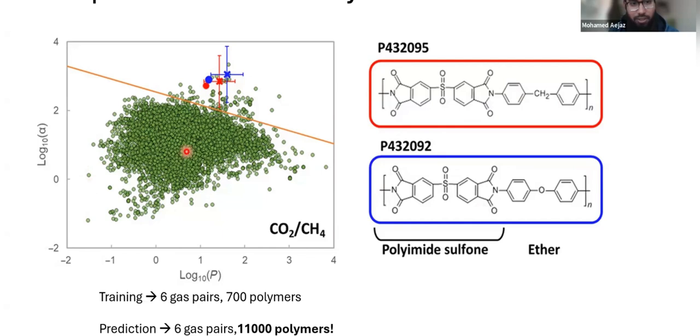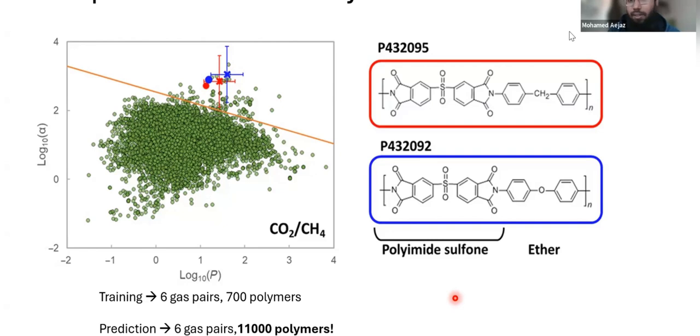So this is all your previous data, and now the computer predicted that if you have polymers like P432095 and 092, then you might have gas transport properties that are way, way above, and then it works, right? So that's the idea. Now you could use machine learning to generate better polymers for gas transport.